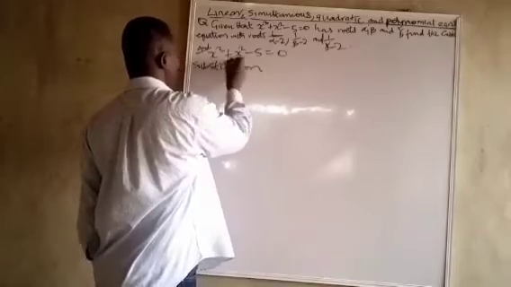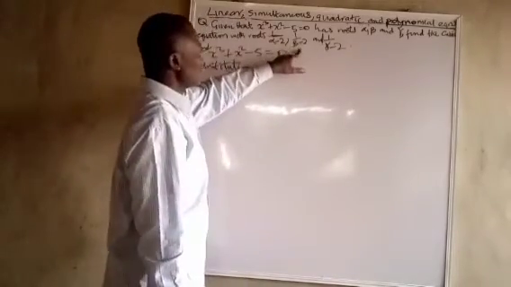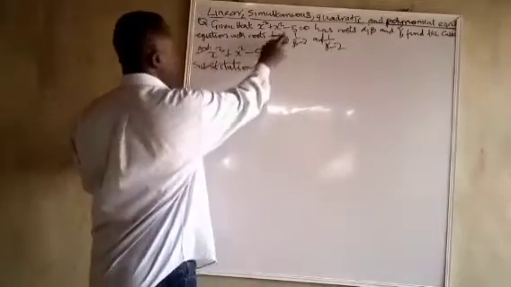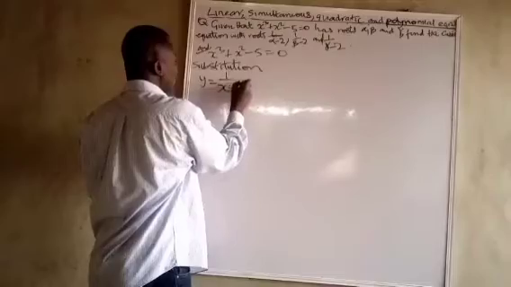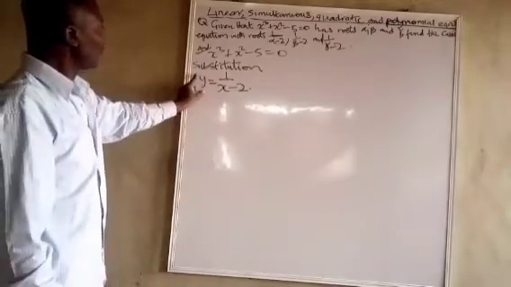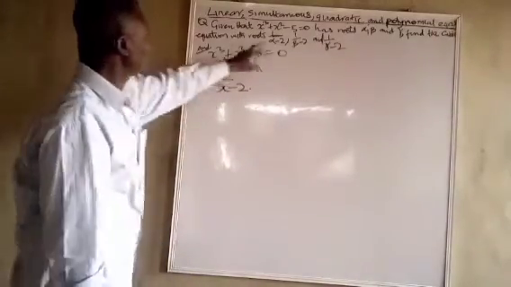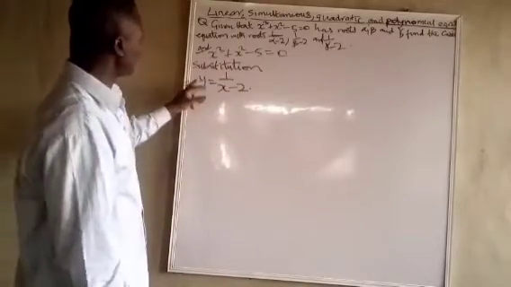And how do we go about this? We look at what is common about these roots: 1 over alpha minus 2, 1 over beta minus 2, 1 over gamma minus 2. So we are going to represent this as y equals 1 over x minus 2. Do you understand? We are going to form another cubic equation, in y, whose roots will be these.